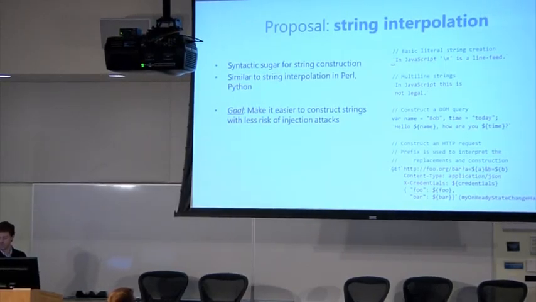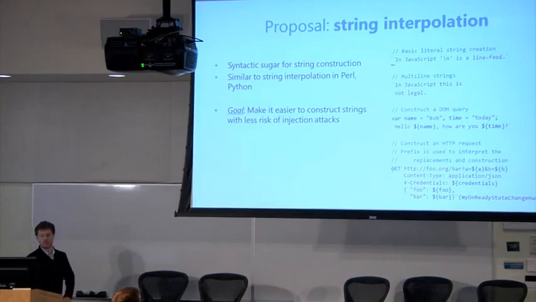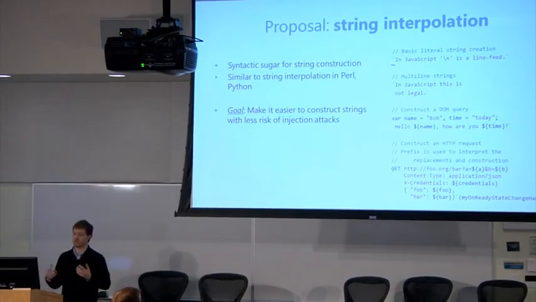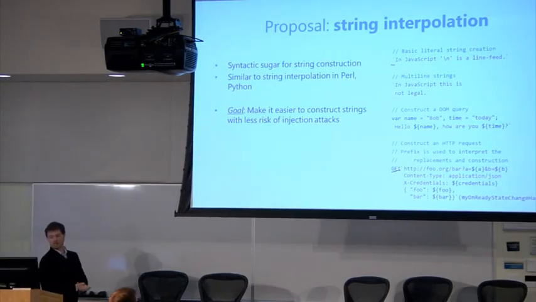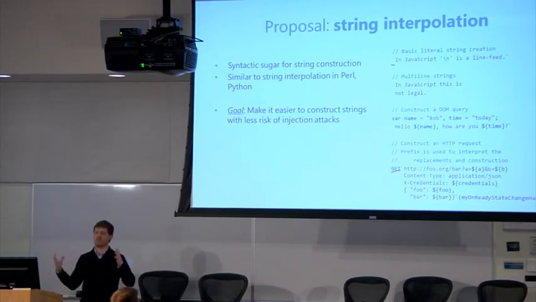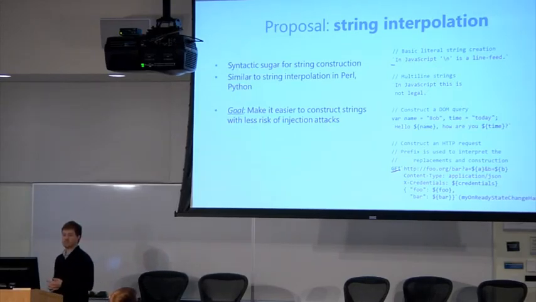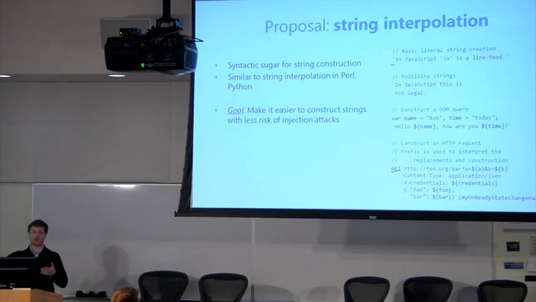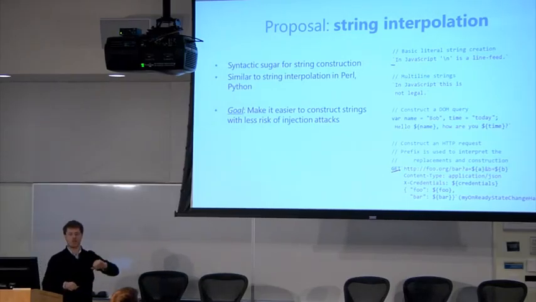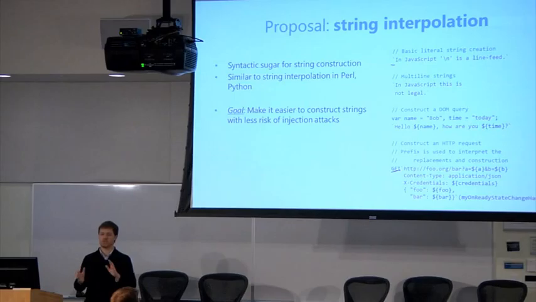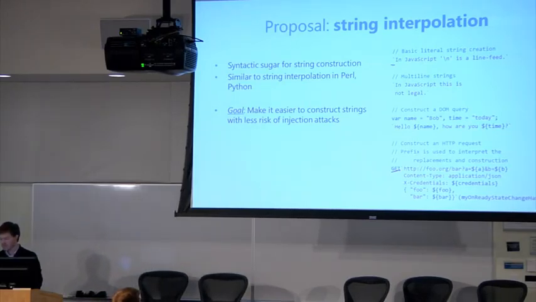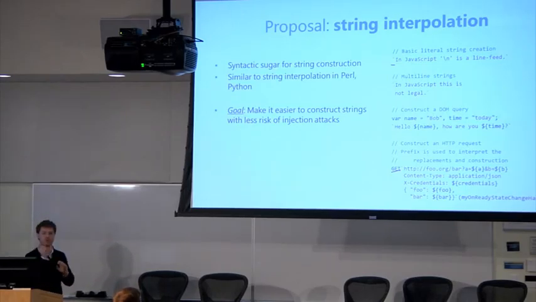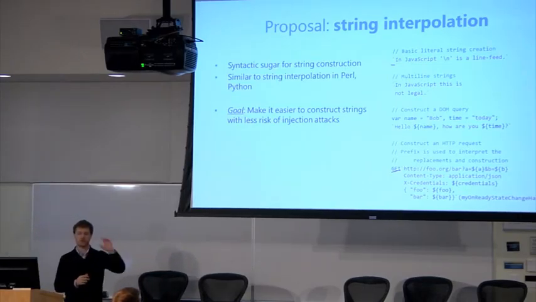The one slightly more unique aspect of this is the ability to actually prefix with a function. In this case, someone else in a library somewhere has defined a get function. And this get function actually gets to participate in the way that string concatenation gets done. It gets passed all of the different pieces of this string. Then it can do whatever sanitization, or it can throw errors if it doesn't like certain things it saw, or it can do URL encoding of the components that need to be stuck in URL encoded locations.